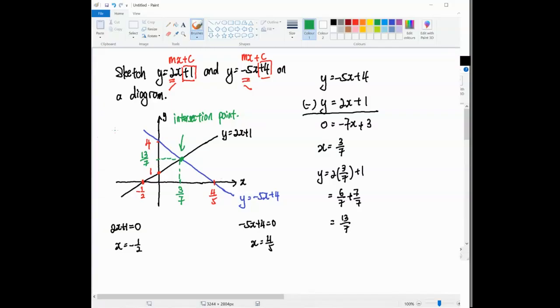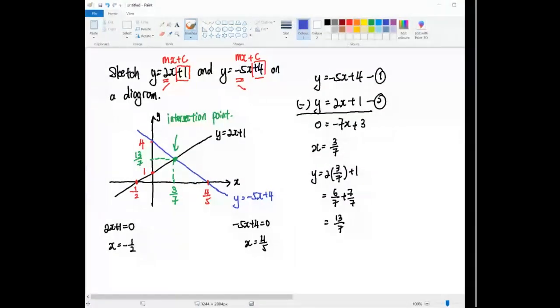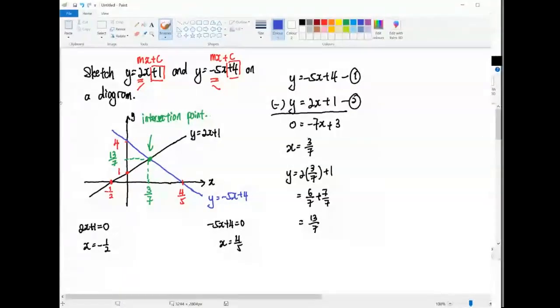If you do not like this method, you can also use substitution method to find the intersection point. So substitution method, we need to equate this equation and this equation. So we equate the first and the second equation. So let me adjust my screen a bit. All right.